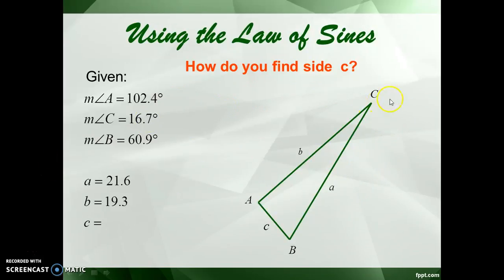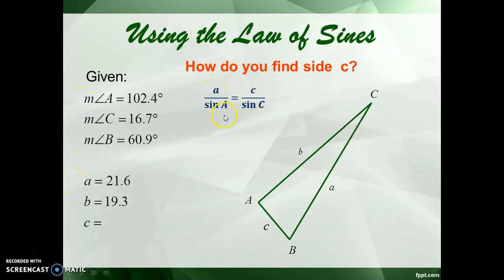How about side c? How do we find the measurement of side c? The same procedure, we use the law of sines, and the formula uses a because these are the given. So we always use this as our reference ratio, the given.